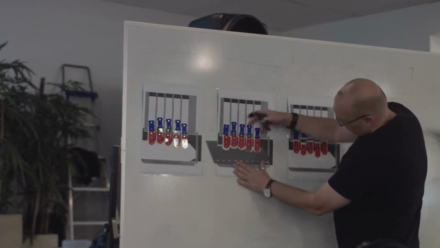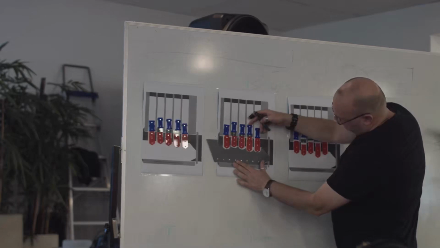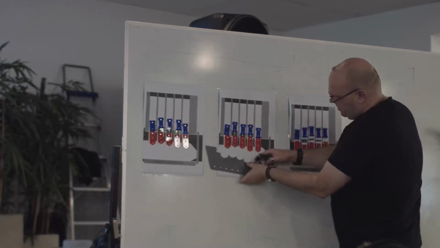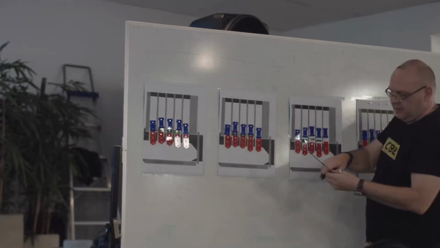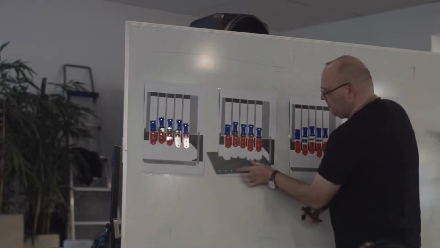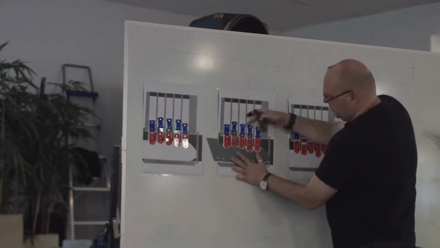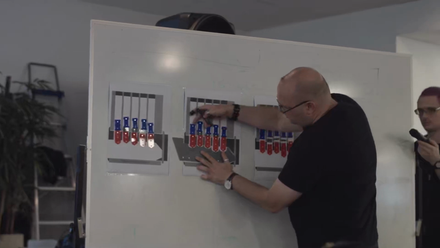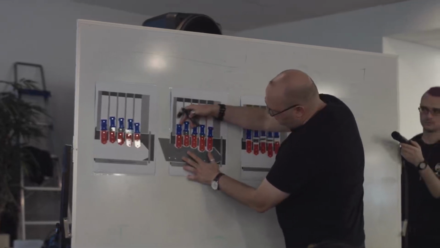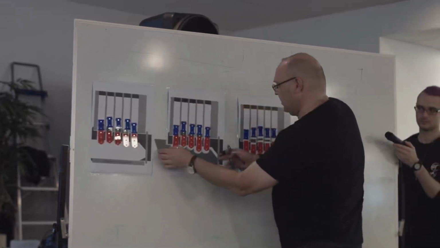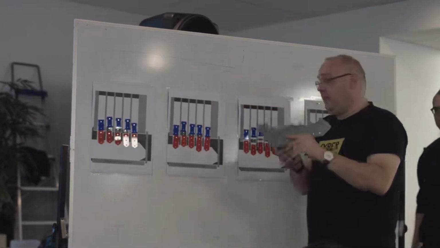So would that be okay? No, I need one more. That one would work. Does that need another one? No, that should be good. Okay. So now we have a key that opens this lock.